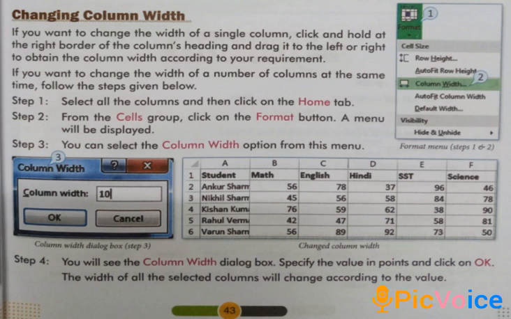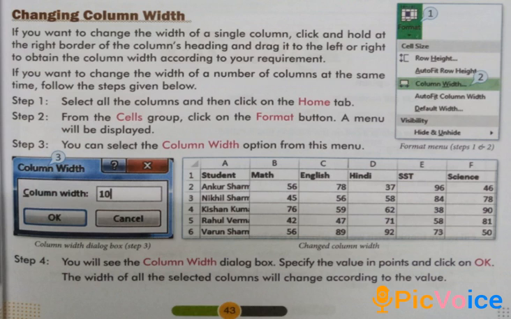And these 4 steps are: step 1 is, select all the columns and click on the home tab. Then step 2 is, from the cells group, click on the format button and a menu will appear. Then step 3 is, you can select the column width option from this appearing menu.